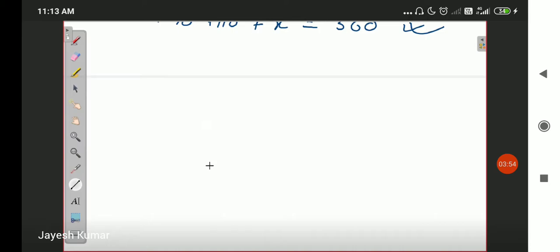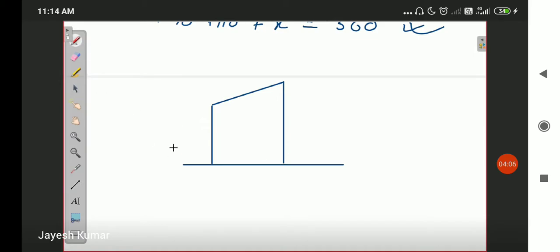B part is, there is a line at the base, this is the figure given to you in the B part. P, L, M, N. First of all, this type of diagram is made.